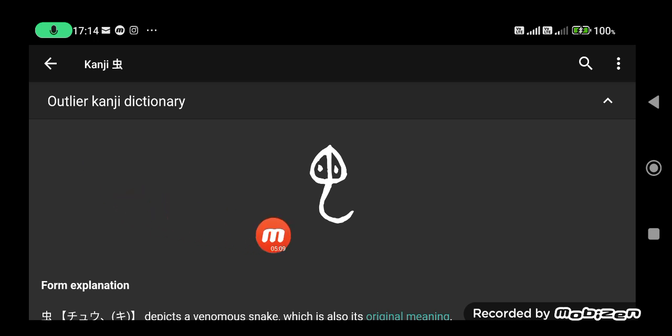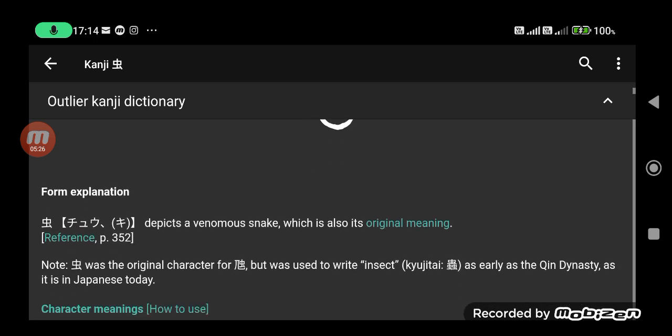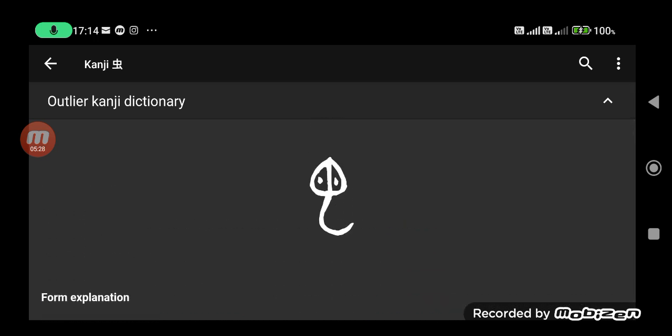The ancient picture is right here. It looks like a larva or worm, but this is the picture where the kanji originated. You can screenshot that if you want to know the picture origin.